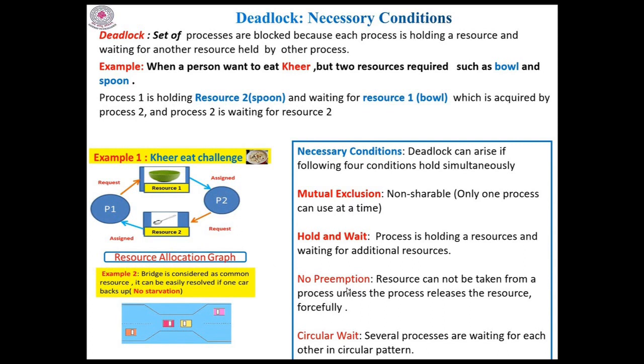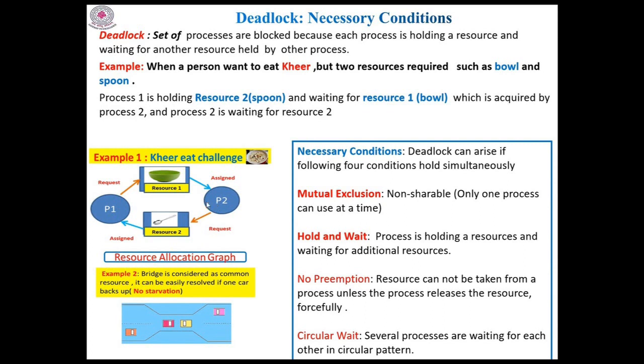No preemption. A resource cannot be taken from a process unless the process releases the resource. You see, both the processes are having one resource, but neither process is using the resources which they have.